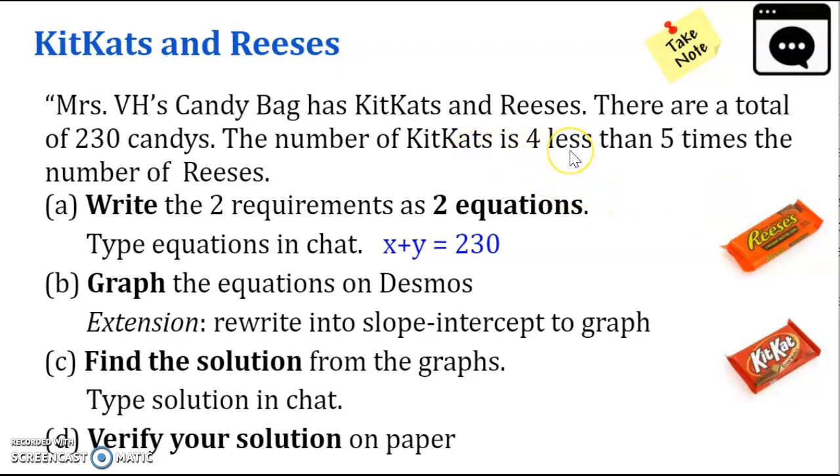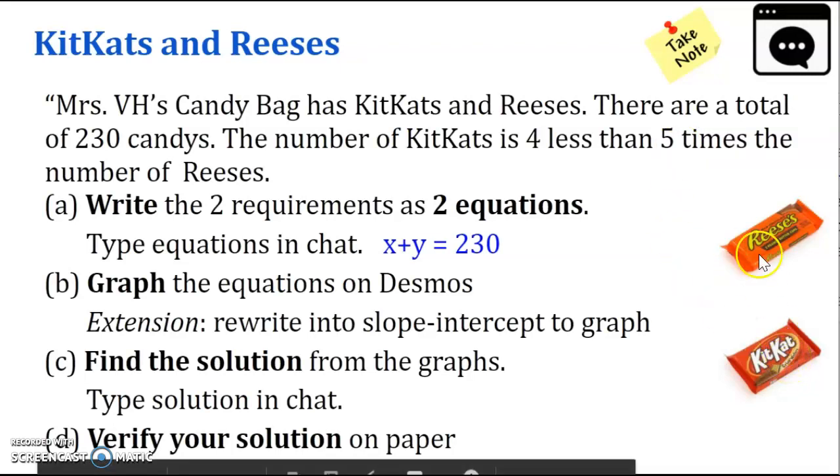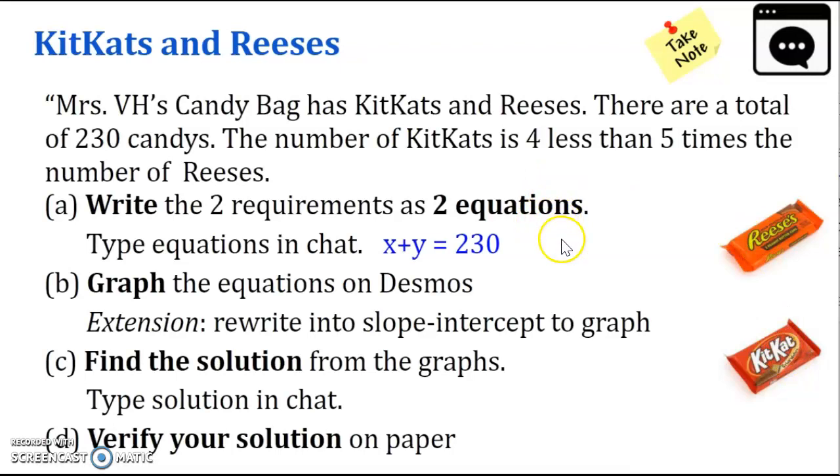You're going to have more Reese's because for Kit Kats there's 4 less than. So it's going to be something minus 4 than 5 times the number of Reese's. So 5 times x minus 4 is going to be y.